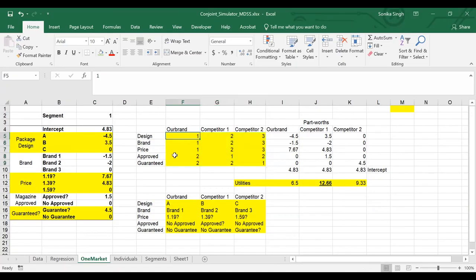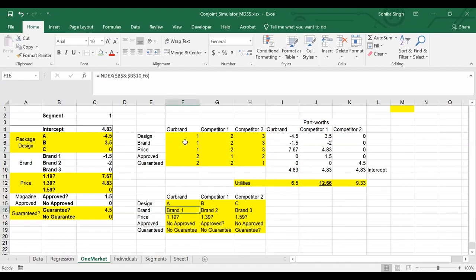Now, let's say our brand is 1, competitor brand is 2, and the next competitor brand is 3. In the same way, the price is 1, 2, and 3. Price level 1 is for our brand, competitor brand 2, and level 3 selected for competitor brand 2.